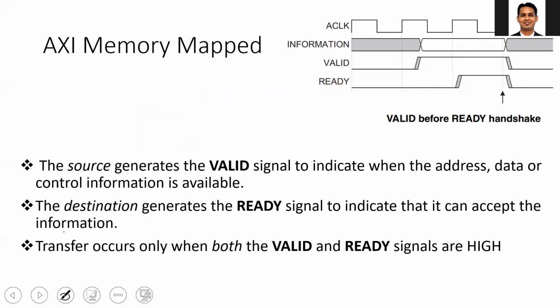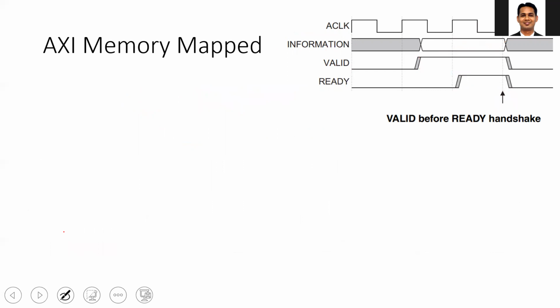The source generates the valid signal to indicate when the address, data, or control information is available. The destination generates the ready signal to indicate when it can accept the information. Transfer happens only when both ready and valid are high at the positive edge of the clock signal.